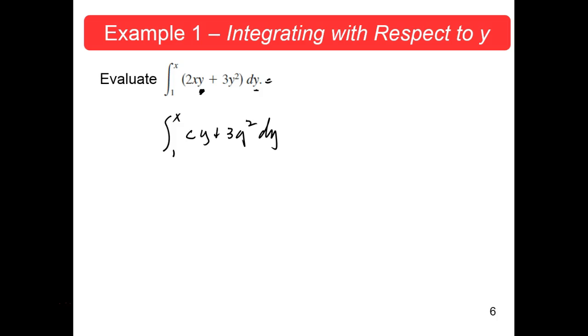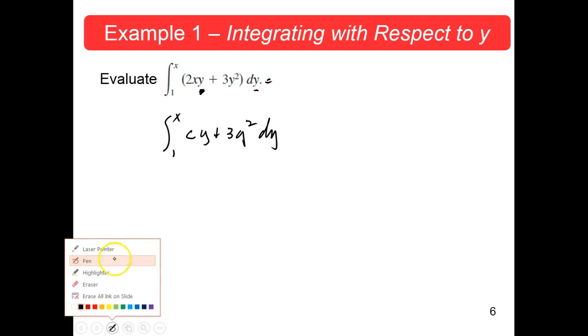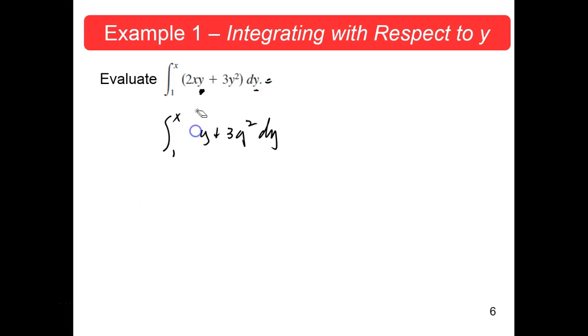Okay. So this would be c times y squared over 2. But your c is 2x. Well, 2x over 2 would just be x. Now, y is the only thing you're integrating here.